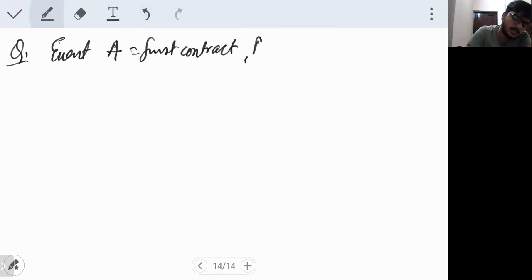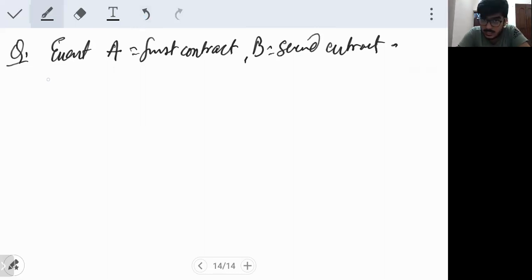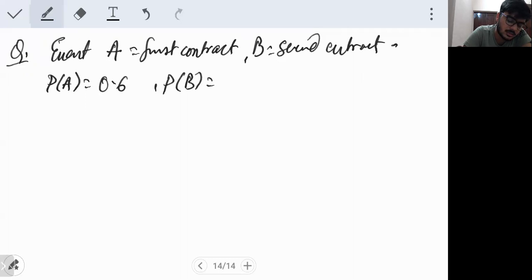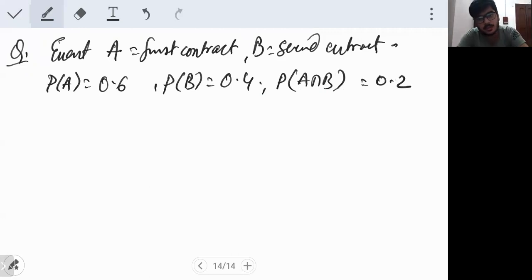And there is an event B, that is the second contract. The president of the company thinks that the probability of getting A is 0.6 and the probability of getting B is 0.4, and the probability of getting both of them is 0.2. Is it clear to you?